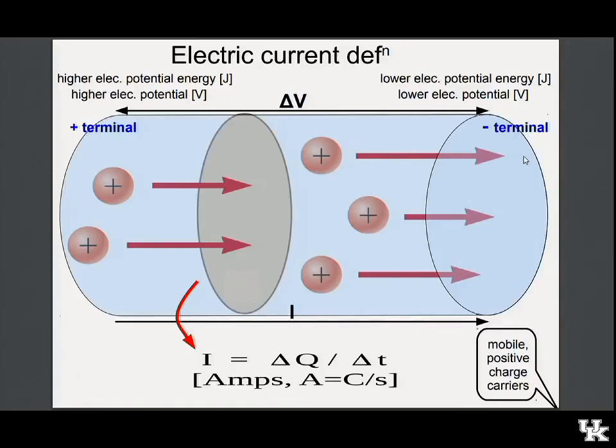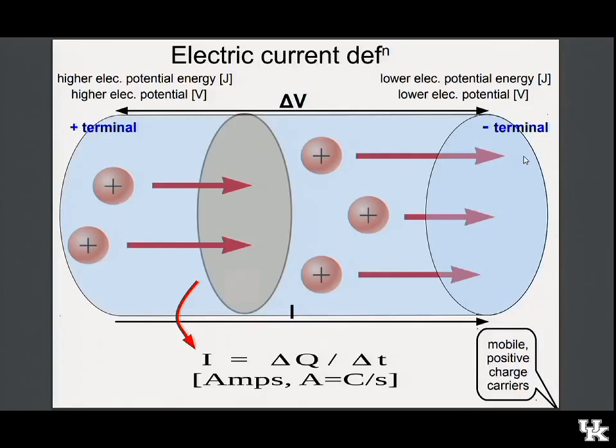Between the two ends of the wire is an electrical potential difference. Just as between the two ends of the waterfall was a gravitational potential energy difference. It was because of the gravitational potential energy difference that the water flowed. It's because of the electrical potential difference that the electrical current will flow.